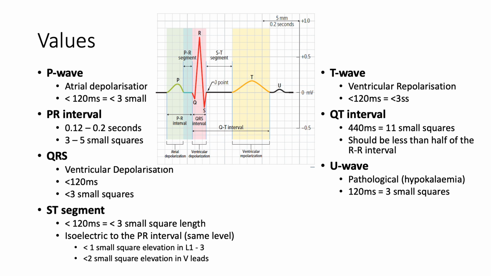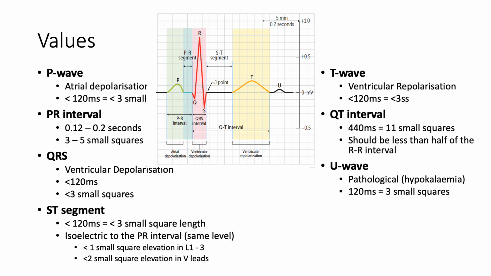So your P wave, which we said is the atrial depolarization, is less than 3 small squares. The PR interval, it's important to note, is from the start of the P until the end of that flat segment there, so it's the interval rather than the segment, and that's 3 to 5 small squares.